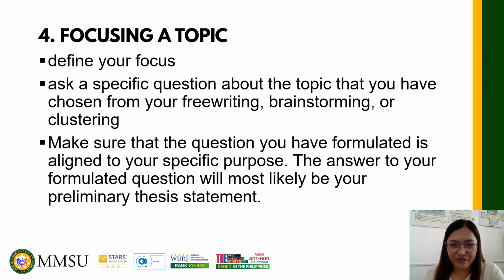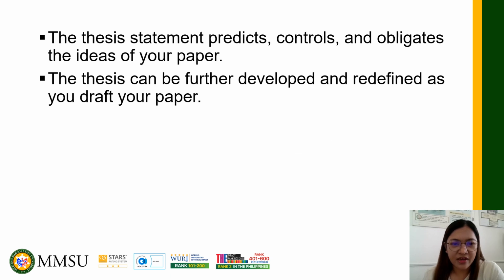Once you identify the focus of your topic, you are now ready to create your preliminary thesis statement, or the main idea of your essay. The thesis statement is the one that is predicting, controlling, and obligating the ideas of your paper. It is called the controlling idea because everything that you write in your essay would somehow be related to this statement.